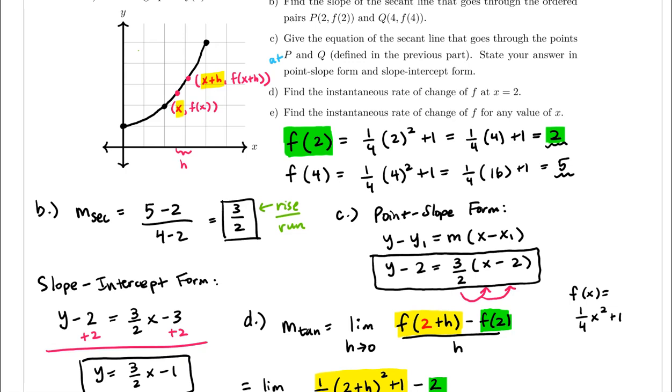So if I use that same definition from before, but instead of a, I'm going to use x and x plus h, that should give me a function that will allow me to find the slope of the tangent line or the instantaneous rate of change for any value of x, not just limited to x equaling 2. So what would that look like?